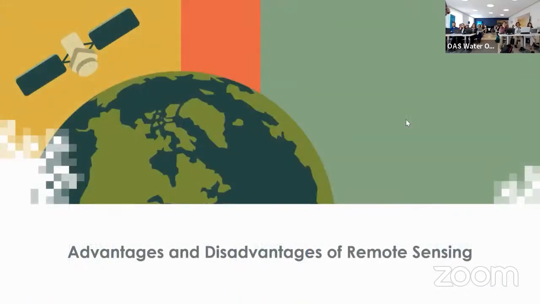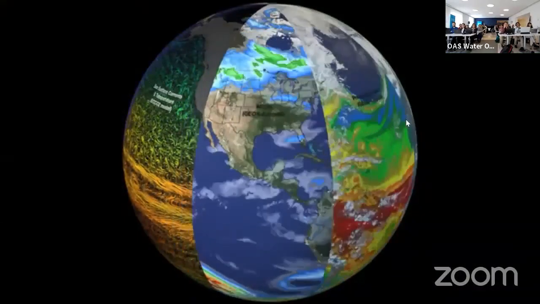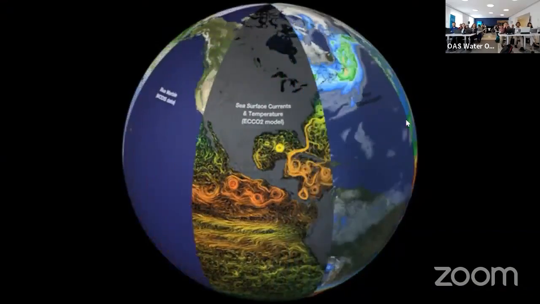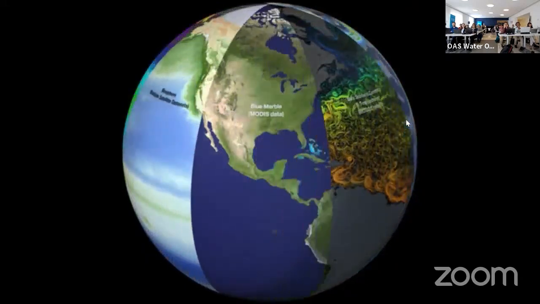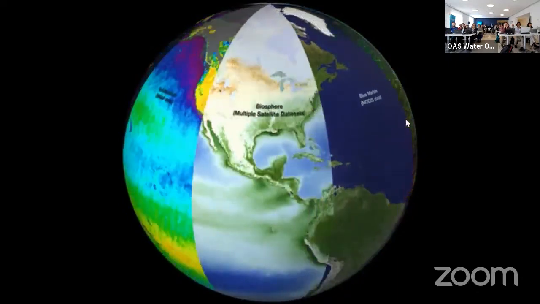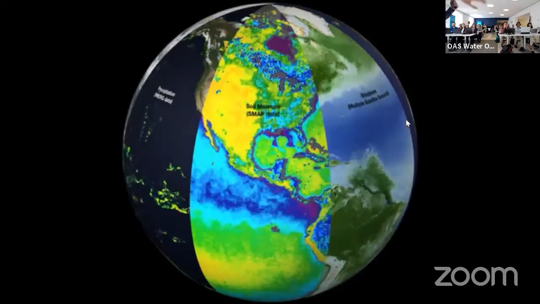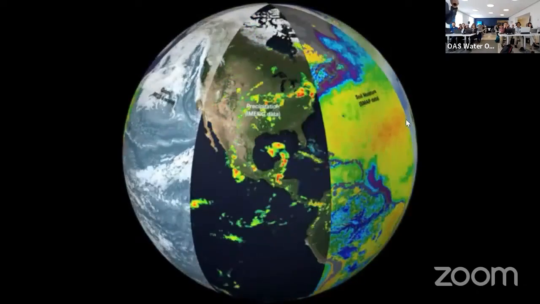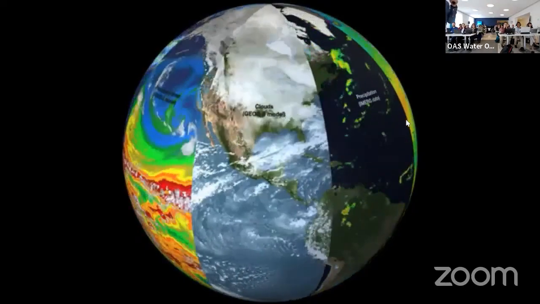And then I'm going to quickly go through advantages and disadvantages of remote sensing. So this is an animation. One of the things that NASA is really focused on right now is, instead of looking at just the atmosphere or just the biosphere, all the living life either in the oceans or on Earth, or the soil moisture for agriculture or for precipitation, which is all being collected through different instruments.